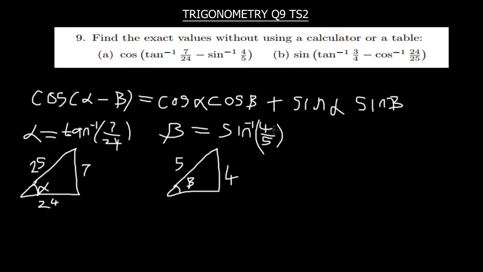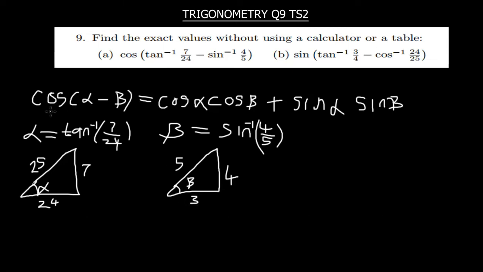And then this side, if you use Pythagoras, 5 squared minus 4 squared gives 9, and the square root of 9 is 3.